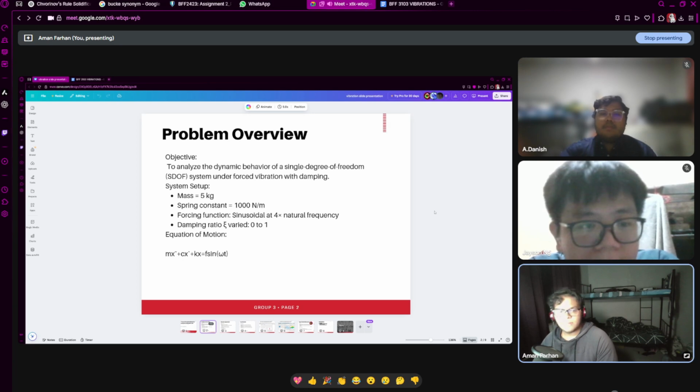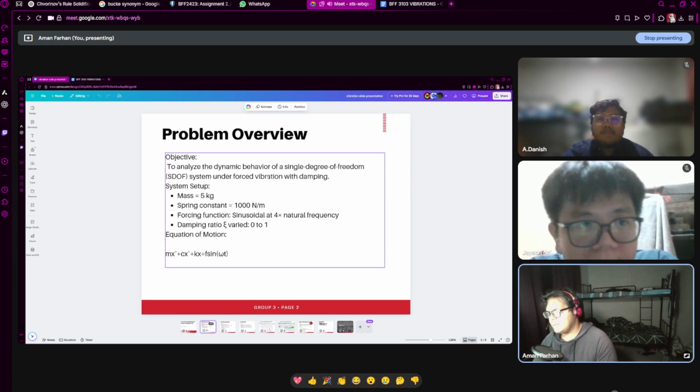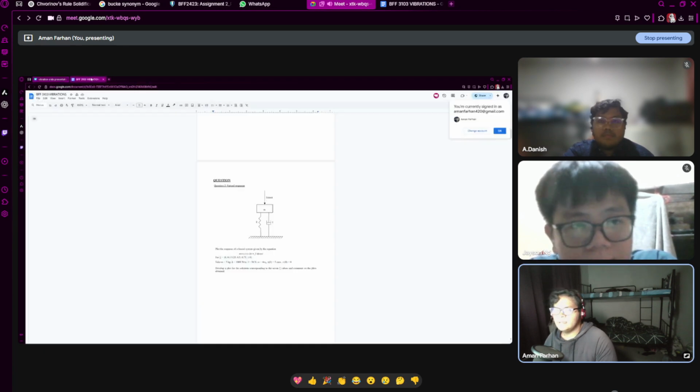First of all, the problem overview. Our objective is to analyze the dynamic behavior of a single degree of freedom system under forced vibration with damping. Basically, this is what the system looks like for our question.